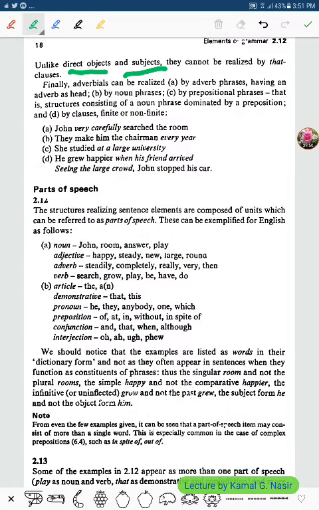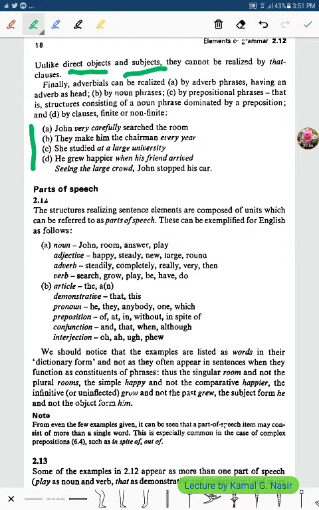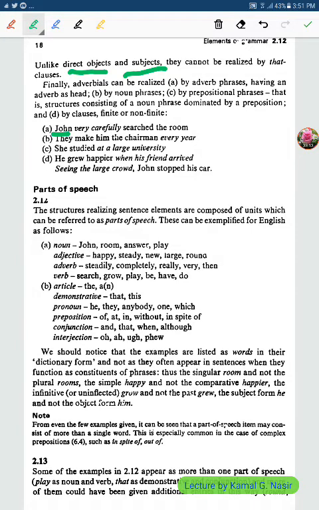Now I'm going to explain in these examples the different types of adverbial phrase. John very carefully searched the room. John is the subject. Very carefully is adverbial.